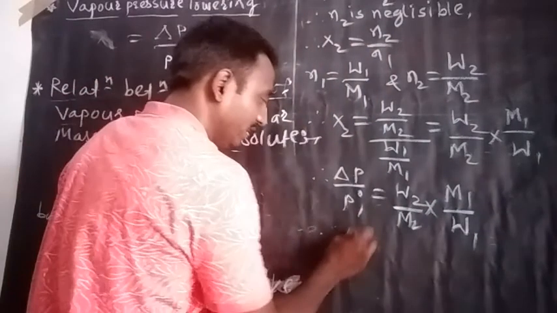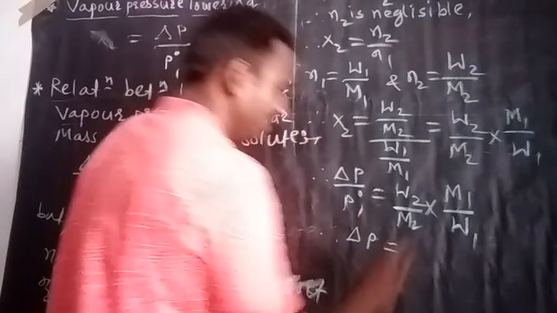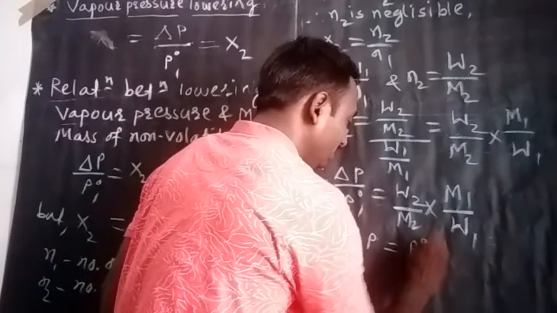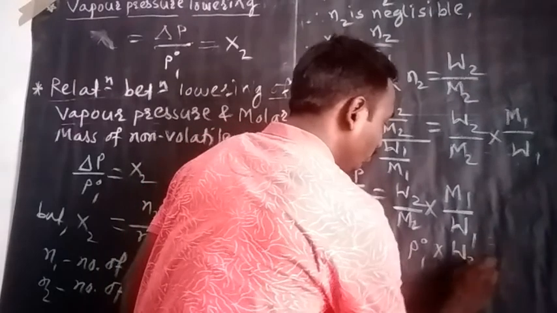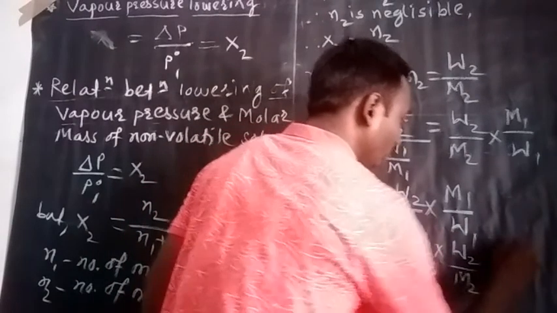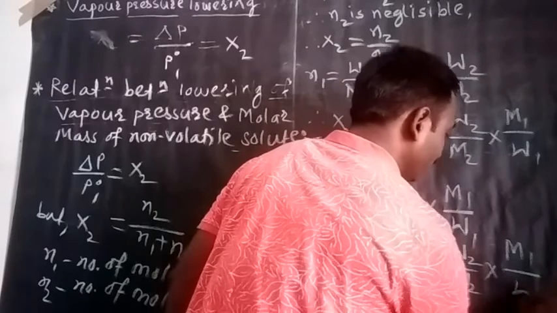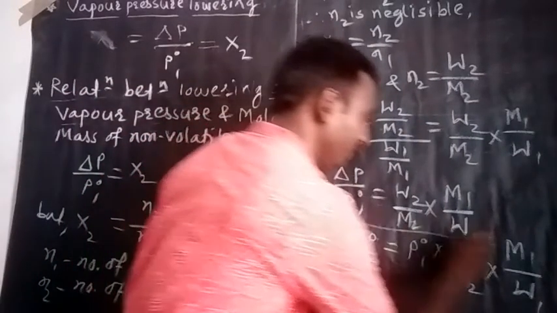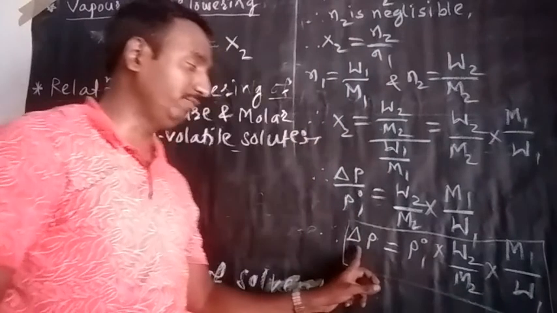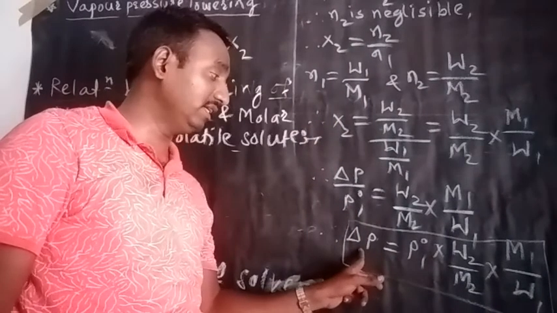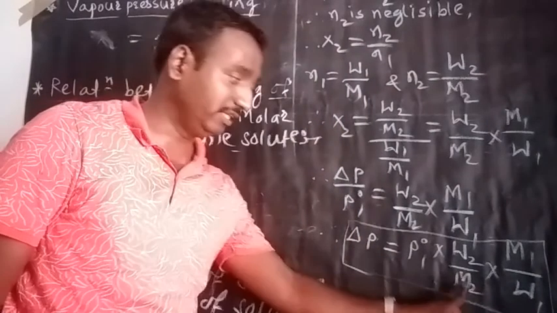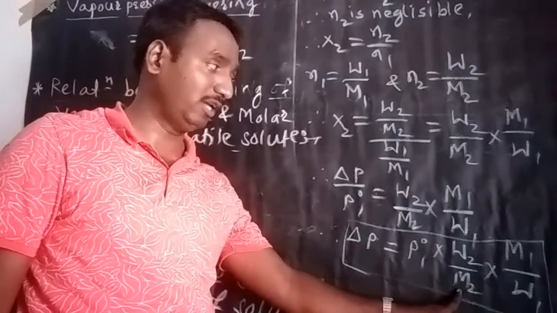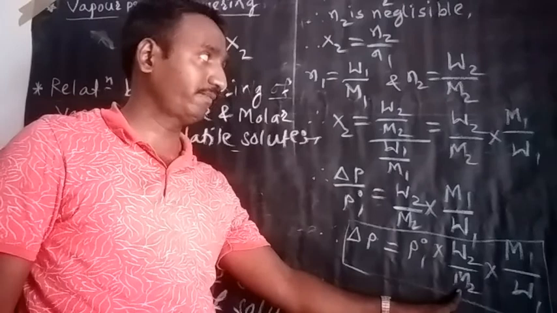From this we can write delta P is equal to, taking P01 to the right hand side, P01 into W2 upon M2 into M1 upon W1, and this is the relationship between delta P, the lowering of vapor pressure, and M2, the molar mass of the non-volatile solute.